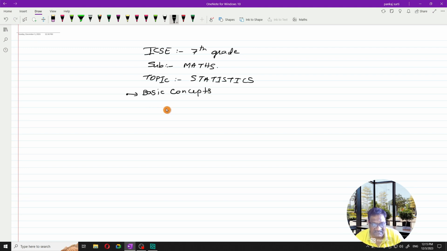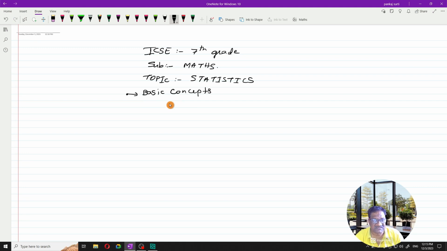It can be presented in the form of a bar diagram or bar chart, or in the form of a pie chart, and all that stuff. Then the data can be raw data, and later on it can be arranged in either ascending order or descending order. All that you are going to study in the basic concepts. So let us get started with the basic concepts first, and then as we progress, we are going to study the other things also.